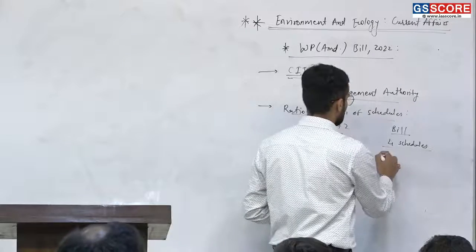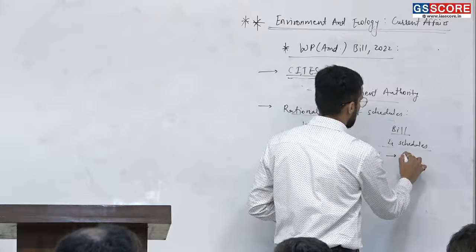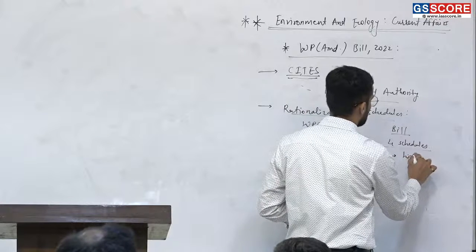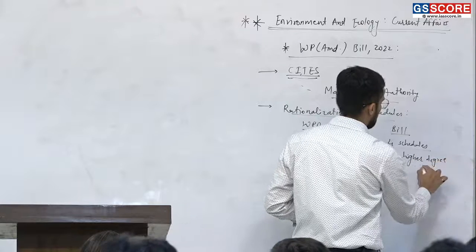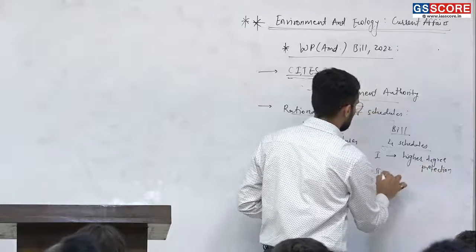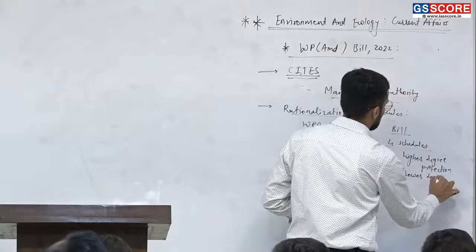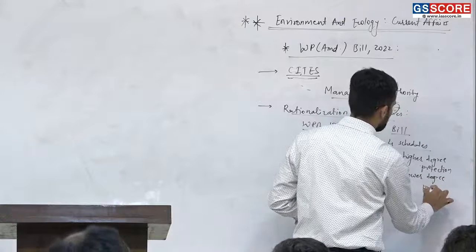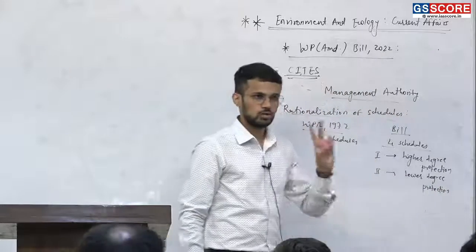Fine. So 4 schedules are there in the bill. First will be for those animals which will be given higher degree of protection. In the second schedule, those animals which need lower degree of protection will be included under Schedule 2.